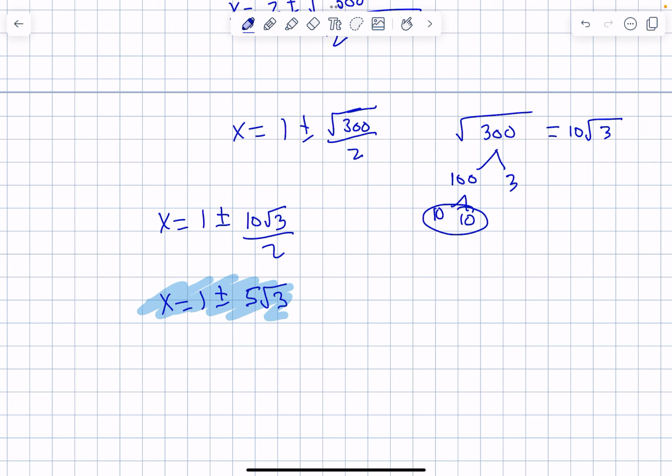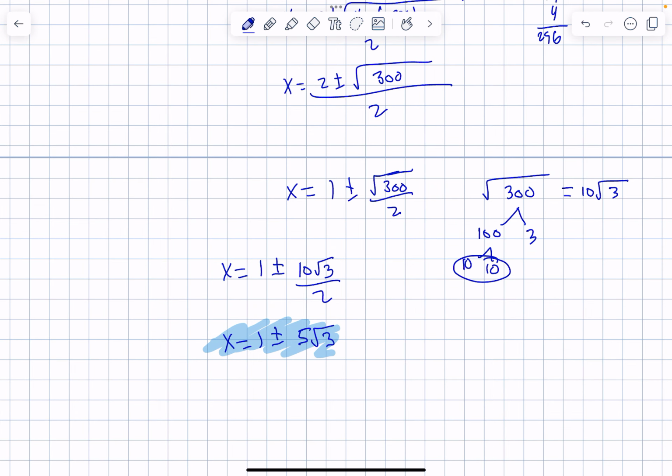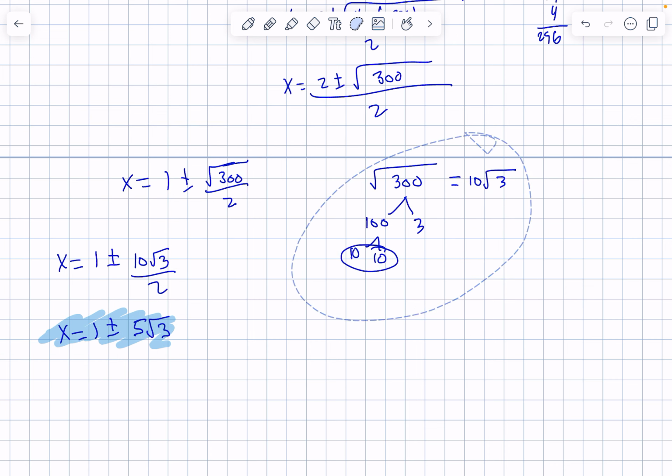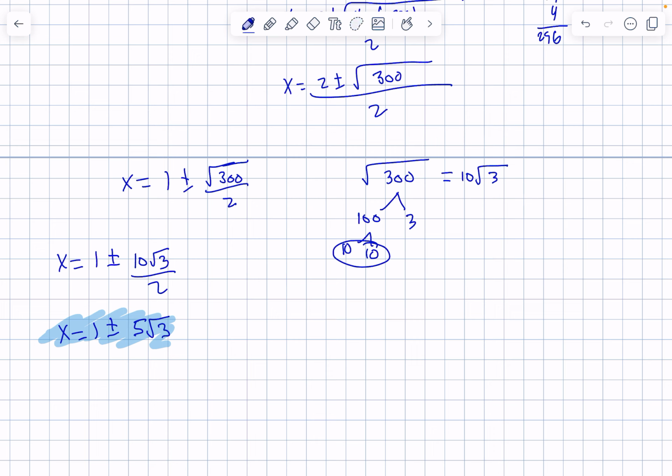Okay. So there was a little bit of a jump here that I had to make. Where was that jump? The jump that I had to make was this part, right? You have to be able to simplify a square root. I figured out that 100 worked perfectly, right? 100 times 3 is a perfect square.